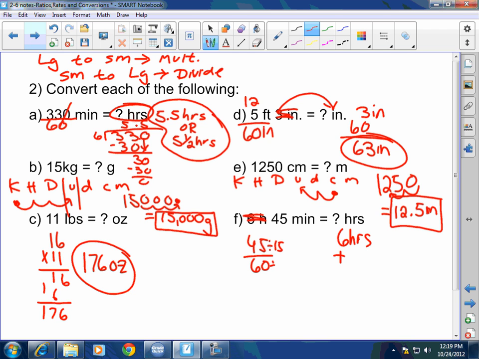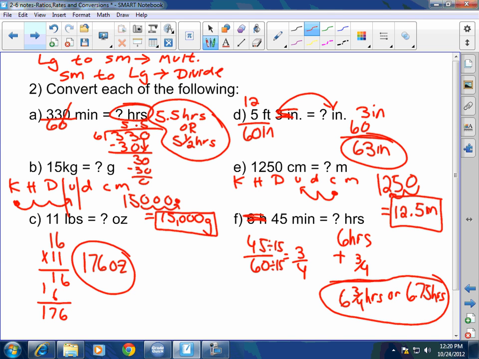I can divide 15 into both top and bottom, and you're going to get 3/4. So, plus 3/4 of an hour, this would be 6 3/4 hours, or 6.75 hours. Fraction or decimal, either way. Does that make sense, gentlemen?